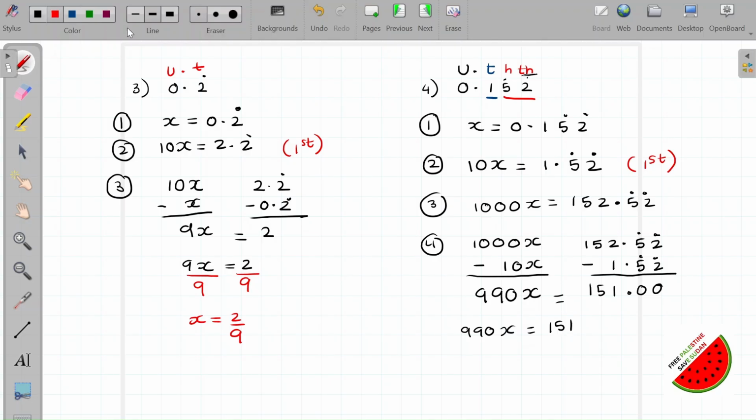Divide both sides by 990. So x is equal to 151 divided by 990.